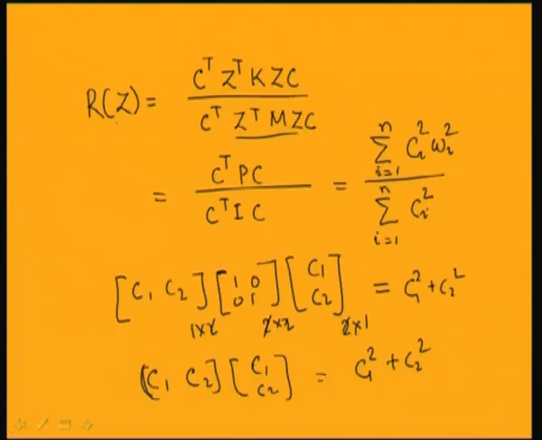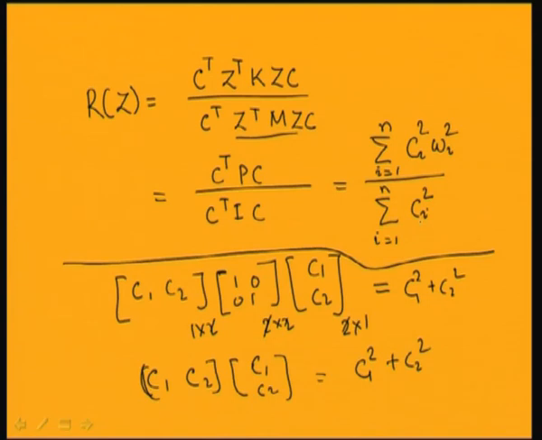So, this Rz you can now write in this form. The expression for Rz you can write as summation omega i square Ci square over summation Ci square, i equal to 1 to n. In this way you can find the expression for this Rz.